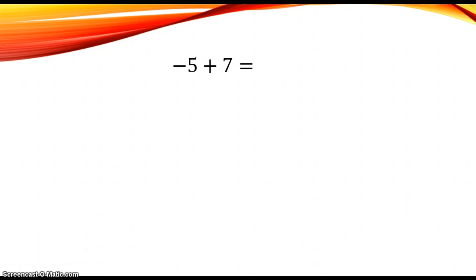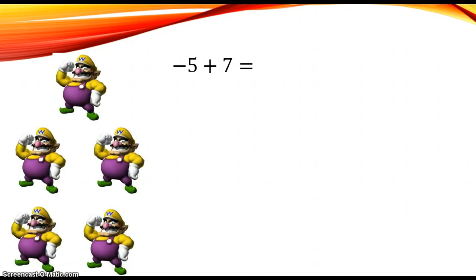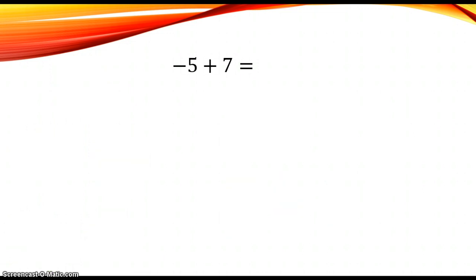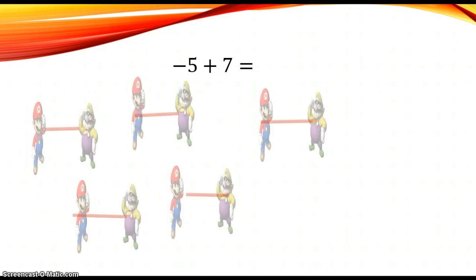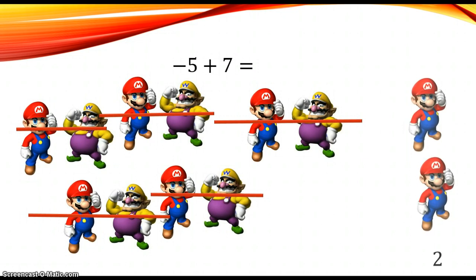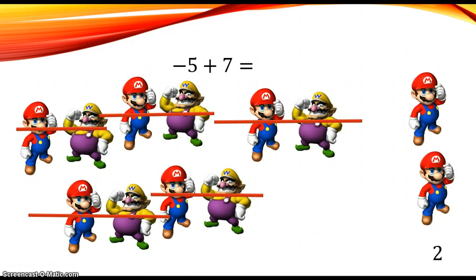Now looking at the problem, since there's a -5, that's 5 bad guys. And since there's a +7, that's 7 good guys. 5 of our bad guys are going to take out 5 of our good guys, but we have 2 good guys left. So the answer to the problem is 2. Since they're good guys, it's a +2.